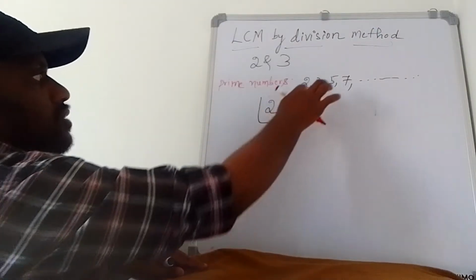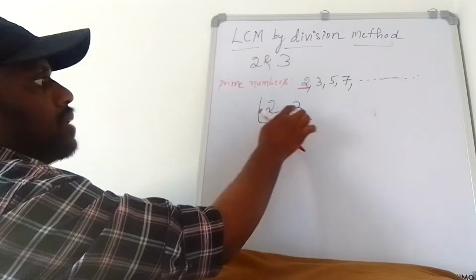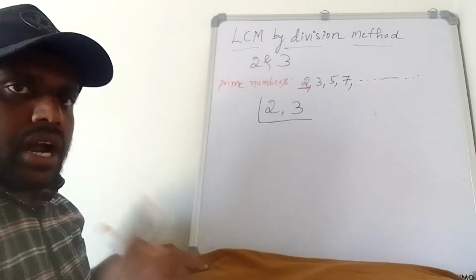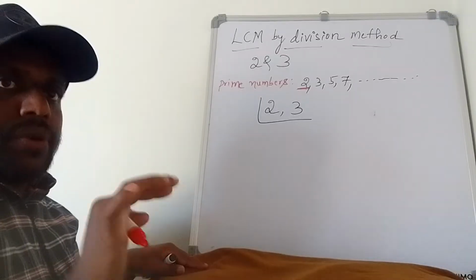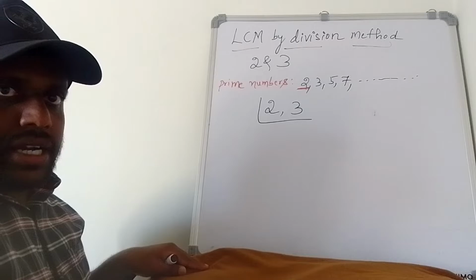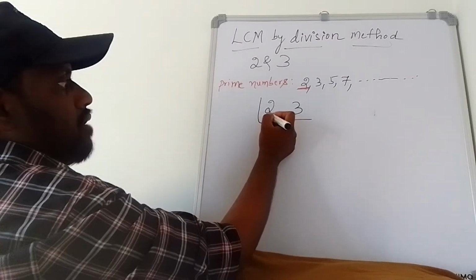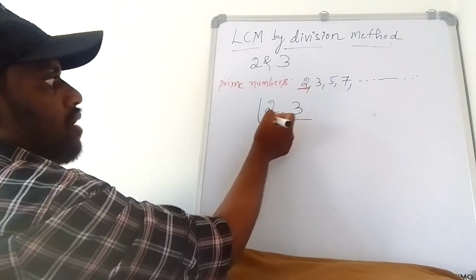Here if you take 2, this 2 can be divided completely but not 3. We need at least one to be divided completely by the prime number we take. Here 2 is getting divided, so you can take this to divide these two.